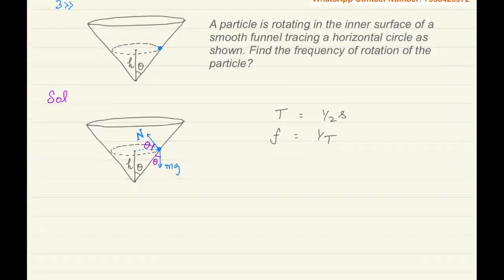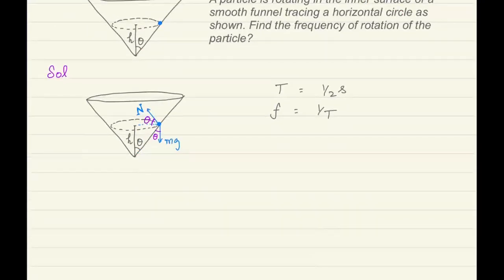Now if we are going to write the equations, we can say that N sine theta, the vertical component of N, should balance mg, because net force perpendicular to the plane of motion should be 0. N cos theta will be the only force along the radial line, and this should be equal to mv square divided by the radius of the circular track, which I'm going to take as r.